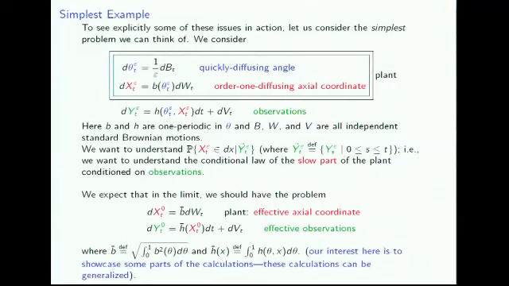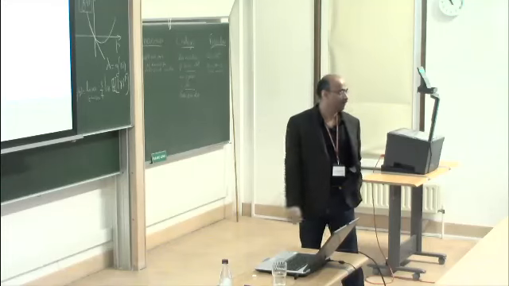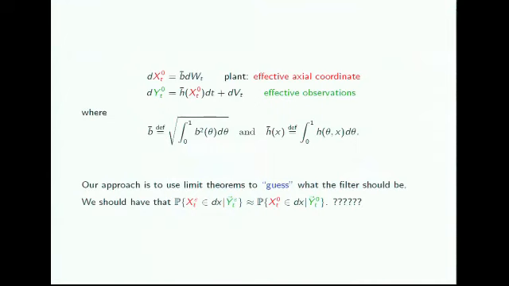The question we want to ask is, what is the filter for this? If somebody gave me this plant and this observation, I can create a filter for this. That particular filter is going to be like this: the probability of X_t^0 belonging to this set given this information. This is a filter for the homogenized system.